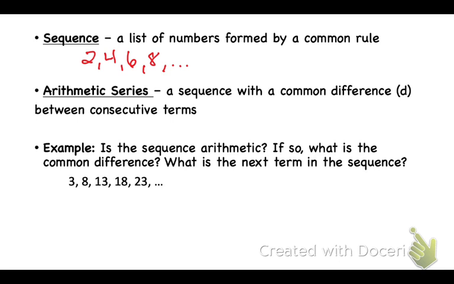What is my algebraic rule? Plus 2 is what I'm doing, and then we'd have to figure out an equation to get any of those, correct?